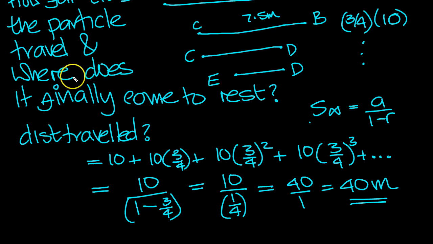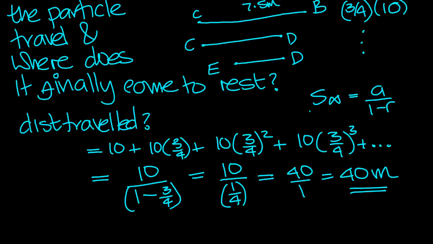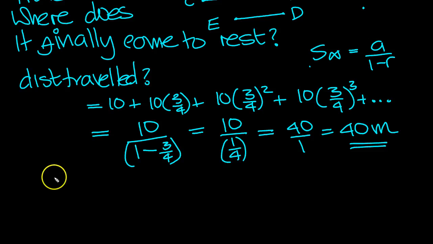And the next question it asks is, where does it finally come to rest? So let's have a look at that. Let's look at this problem. First of all, we're looking at it from the point A, aren't we?